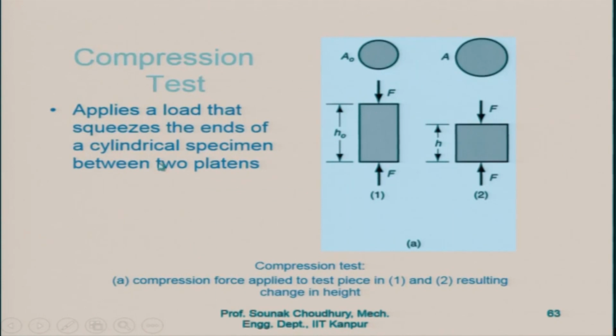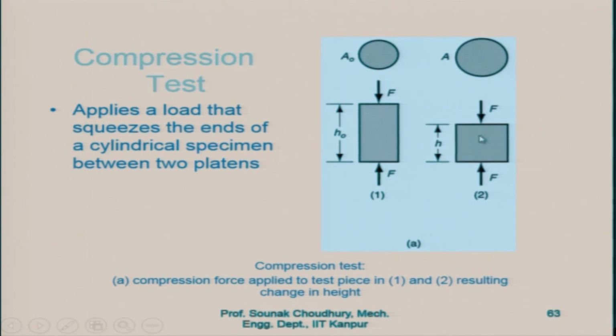Now, let us see what the compression test is. It applies a load that squeezes the ends of a cylindrical specimen between two platens. Let us say there is a plate here, this is the specimen, and there is a plate here, and if we put the load in this direction, the specimen will be compressed, meaning its height will be reduced from h0 to h because of the applied load.